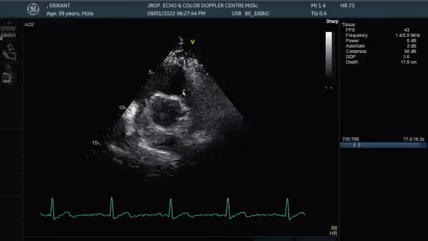This is the pulmonic valve. This is one hinge point, this is another hinge point. So I'm going to measure from one hinge point to another hinge point. That is 2.49 centimeters, the RVOT diameter.